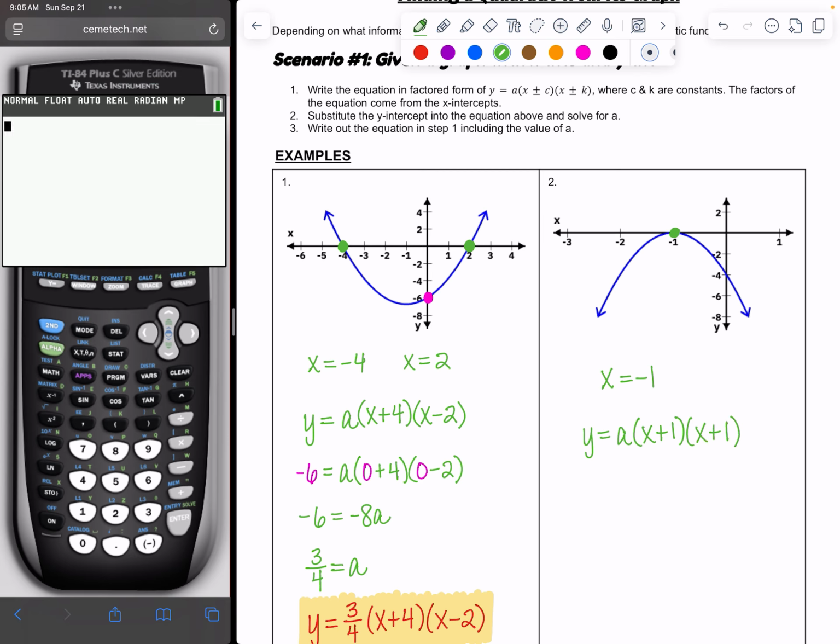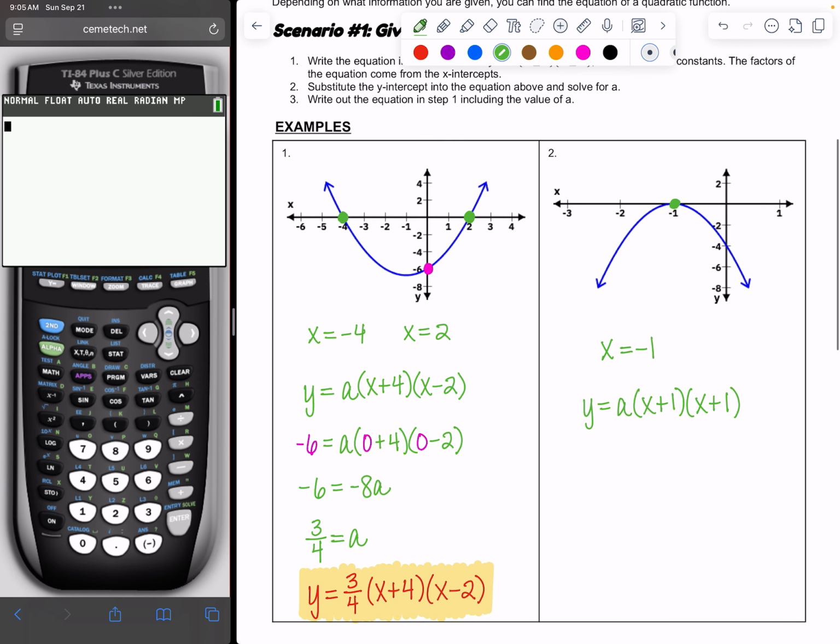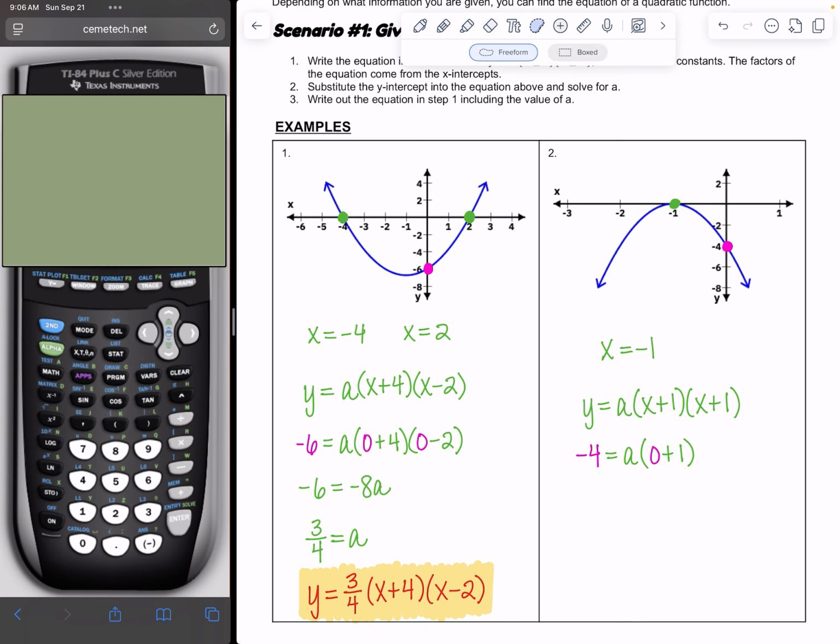Once again, we look for our y-intercept. This y-intercept is at (0, -4). When we substitute this in, this becomes -4 equals a times (0 plus 1) times another (0 plus 1).